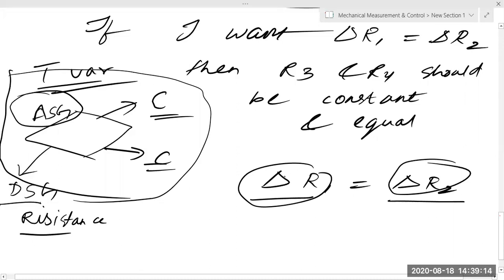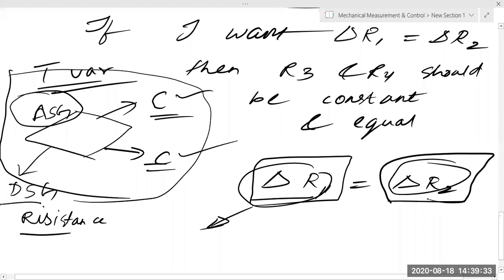Please remember, if we want these two signals to cancel out each other, we want these two to be constant. I hope everyone is getting it. So whatever the change due to temperature on the active strain gauge will be automatically compensated by the change in resistance on the dummy strain gauge.